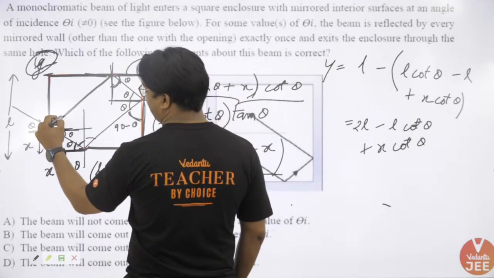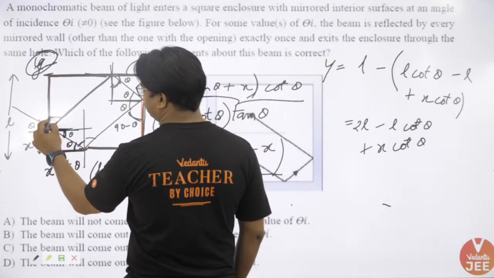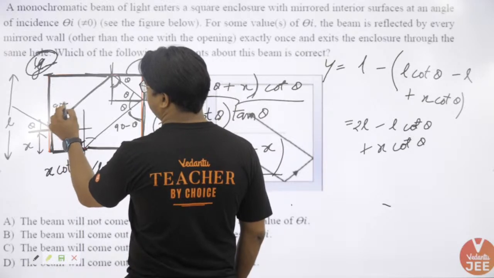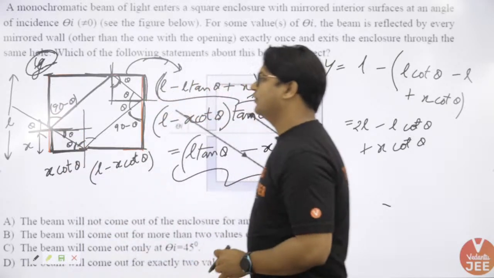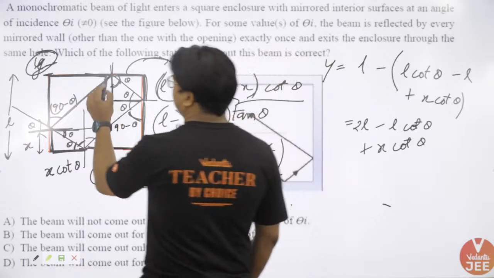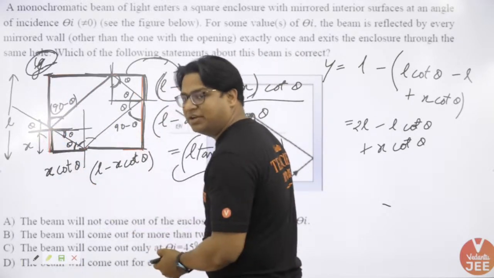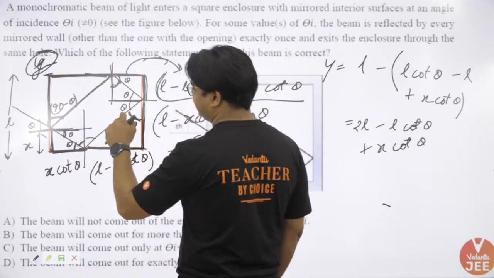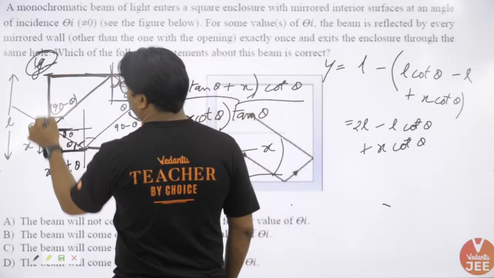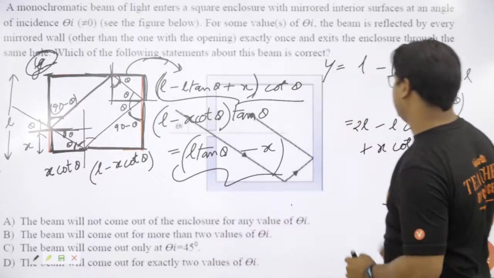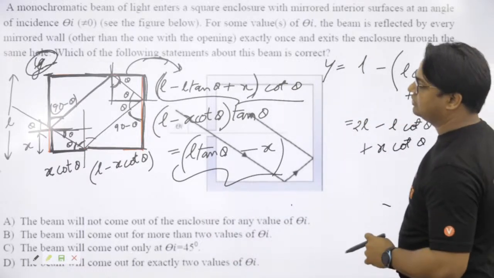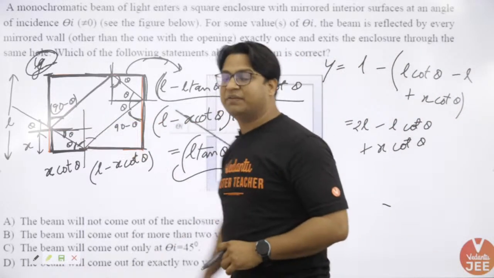So this angle is theta, so this angle is 90 minus theta. This length we are aware of, and this angle is 90 minus theta. So again I'll multiply this length with cot of 90 minus theta, which will become tan theta.